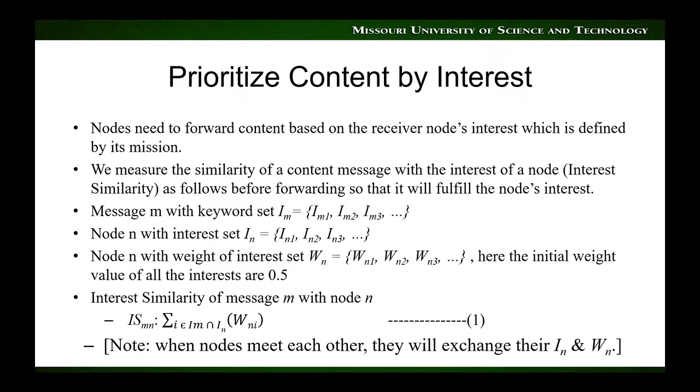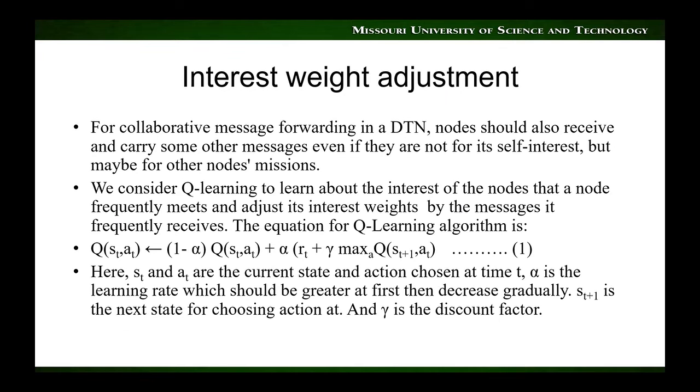Thus we can find the summation of weights of the interest of a node for some message, and this is called interest similarity, which can be calculated by this formula.